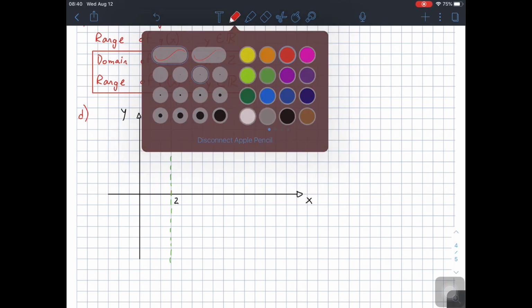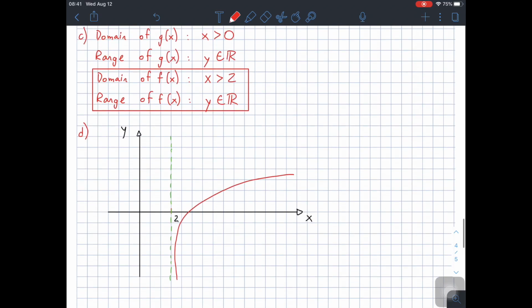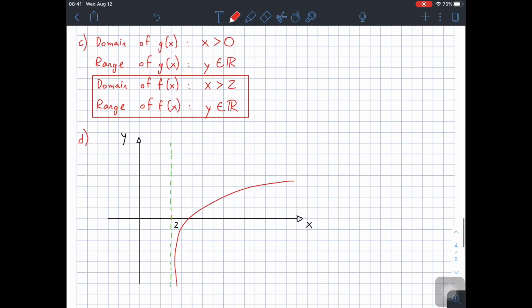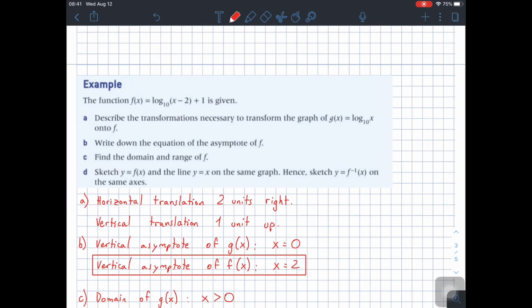There. So the logarithmic function would look something like this. Maybe, let me see. Something like this, okay?